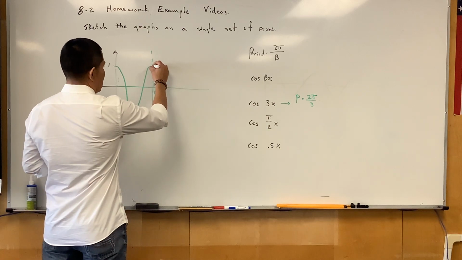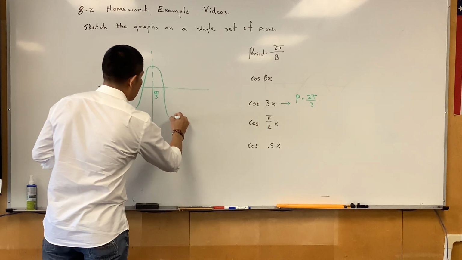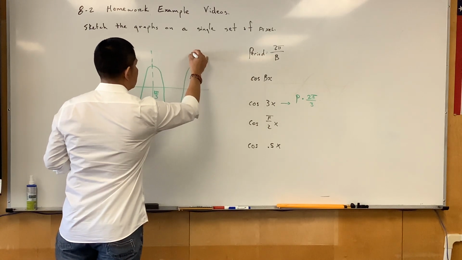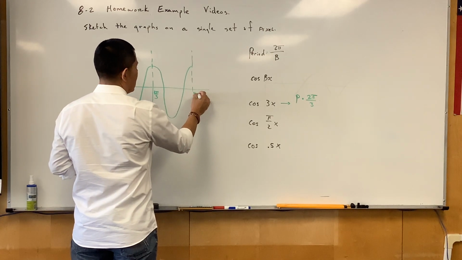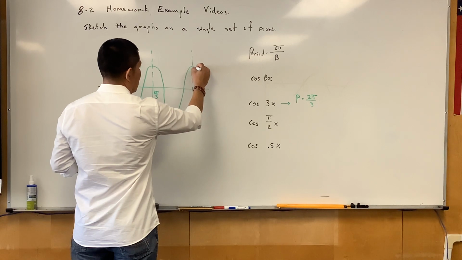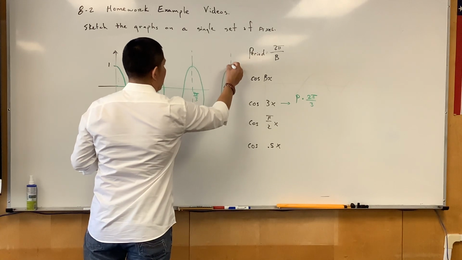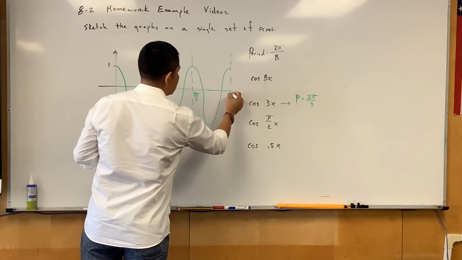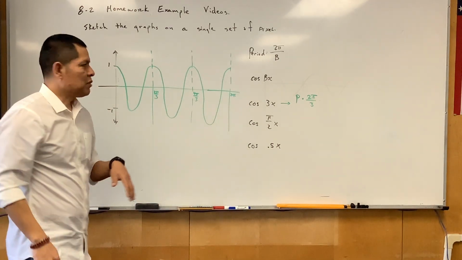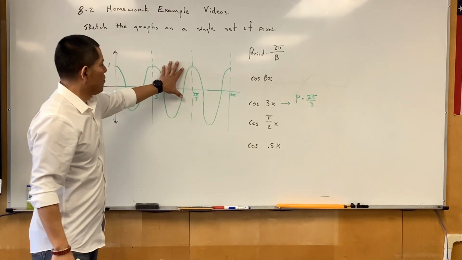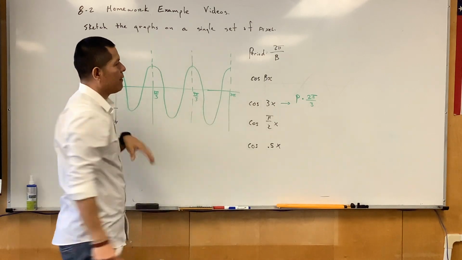If we continue this pattern, there's the third one, which is going to be 4 pi thirds. And right here is where 2 pi ends up. So we're fitting 3 periods into the interval from 0 to 2 pi.